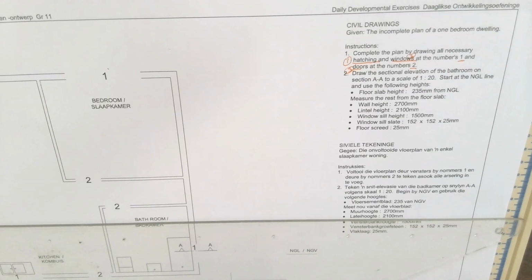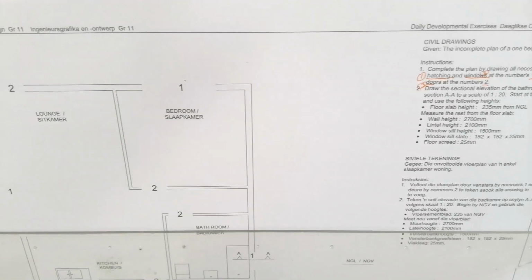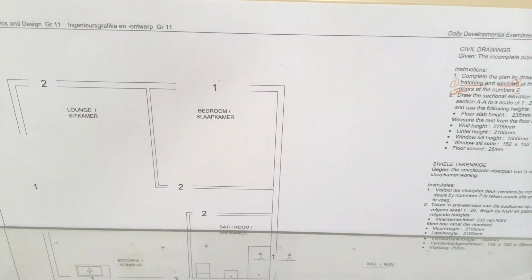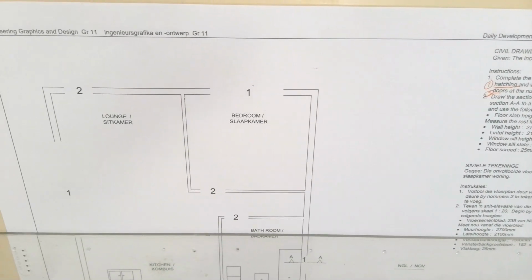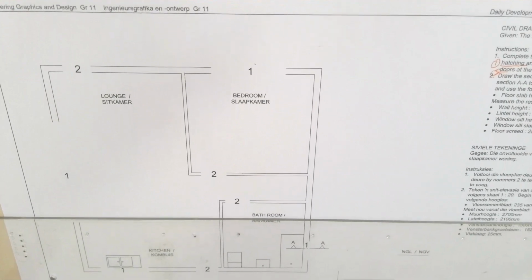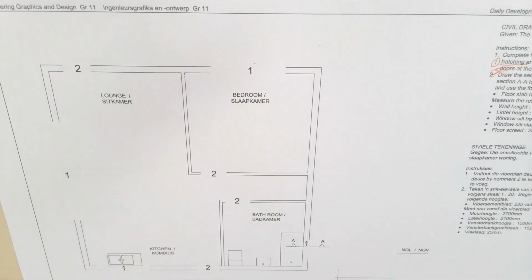All doors are at number 2. Now, I don't have any dimensions with regards to the doors, but the sizes of the openings that are given to me are what I'm going to use as the size of the door and the window.